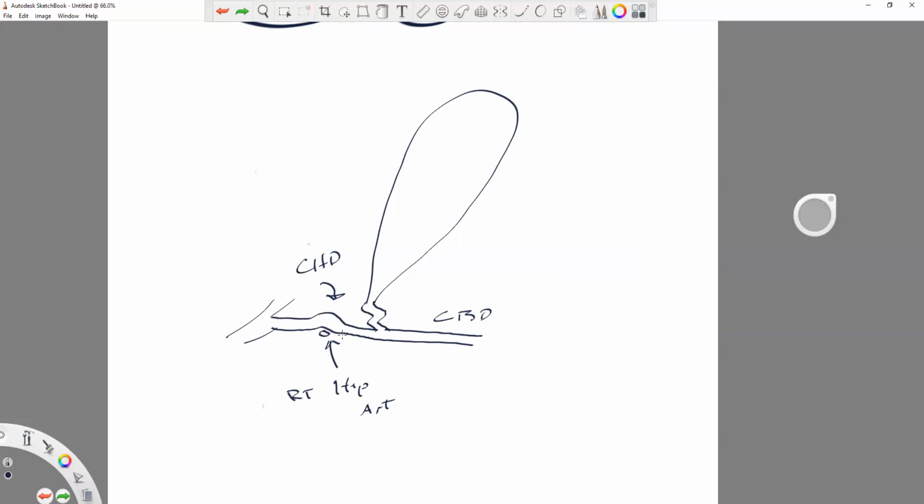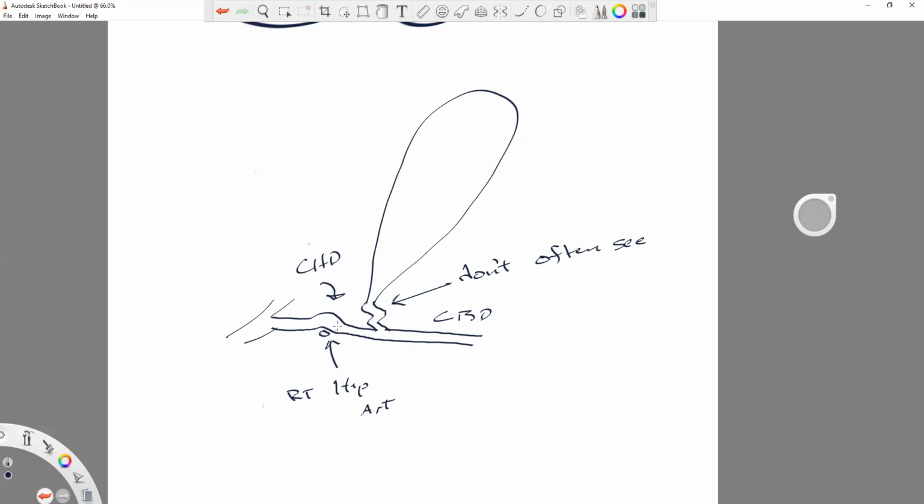Just for simplicity's sake, because we don't often see this cystic duct, and we certainly don't see it go into the hepatic ducts very well.